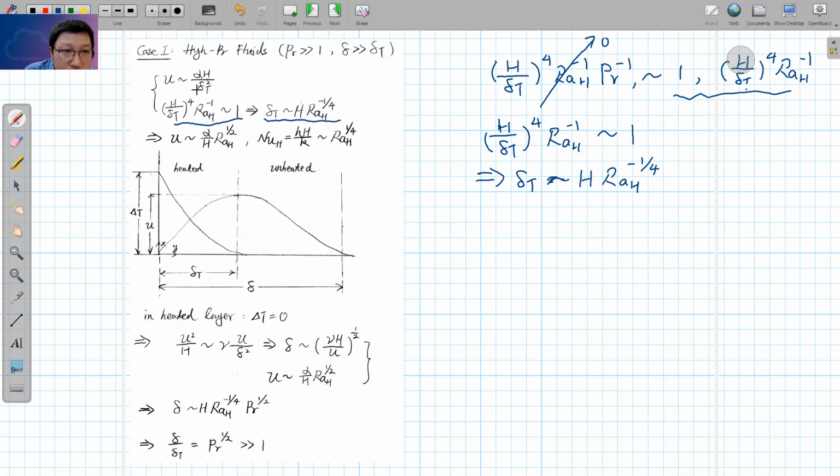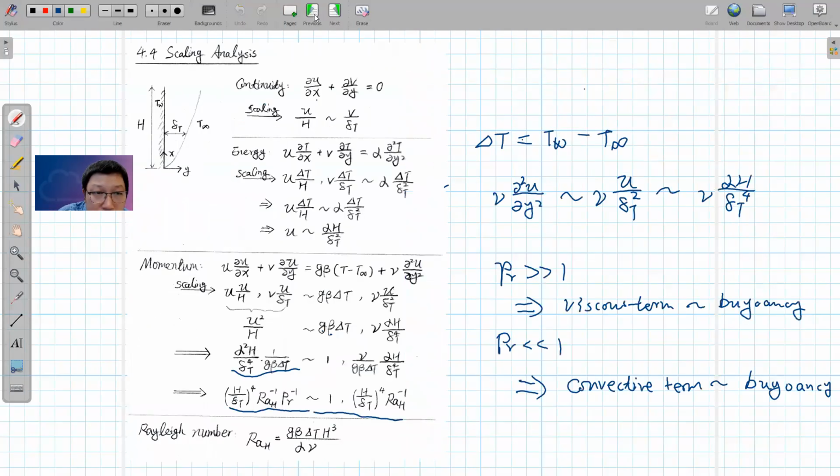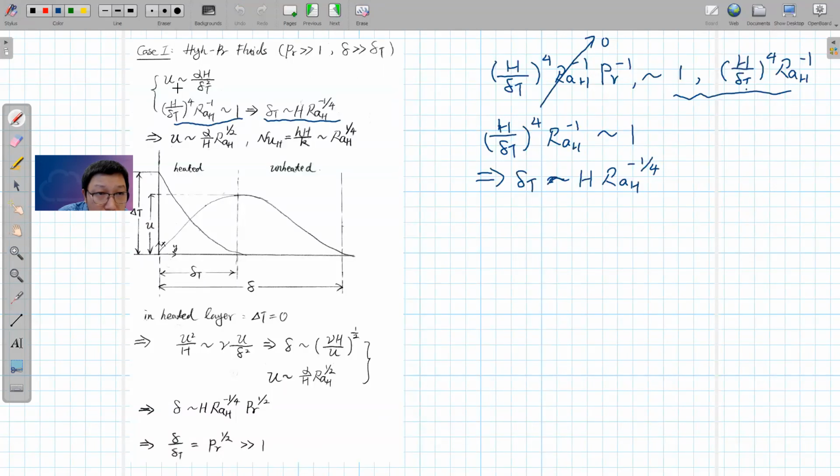And for the U velocity, for the velocity boundary layer, basically we need to know this U value. From our previous scaling result based on energy scaling, we know that U is of the order of alpha times H divided by delta T squared.